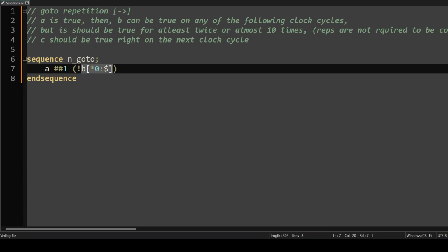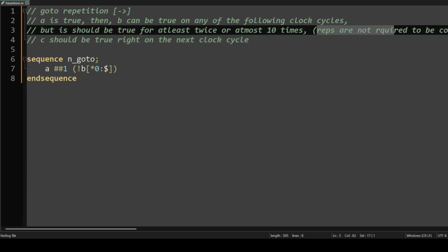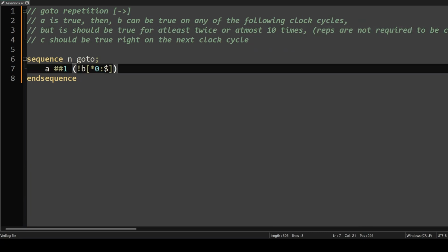Using this, it will satisfy the condition that the repetitions are not required to be consecutive. So B could be false either for 0 times or for a maximum number of times. It does not matter. But when this happens, then B should be true. I know it is getting really confusing, but don't worry, you will understand it.